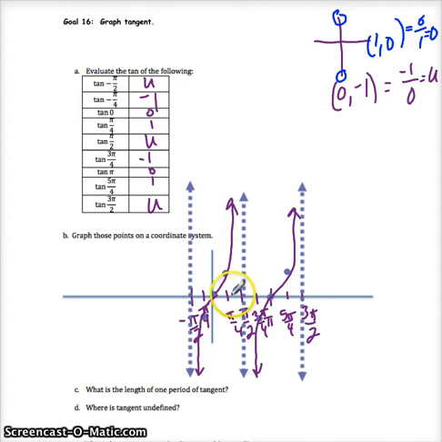So if we kept on plugging in angles, 61 degrees, 62 degrees, 63, 64, 65, tan would continue to increase as it approached pi over 2. But when we get to the tan of pi over 2, or 90 degrees, we see that it becomes undefined. And then this pattern repeats itself between pi over 2 and 3 pi over 2.